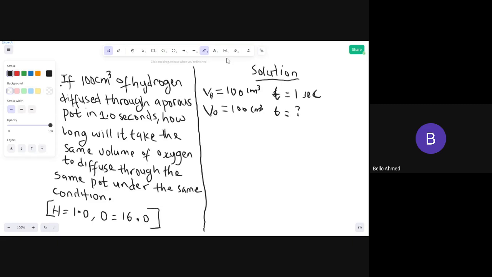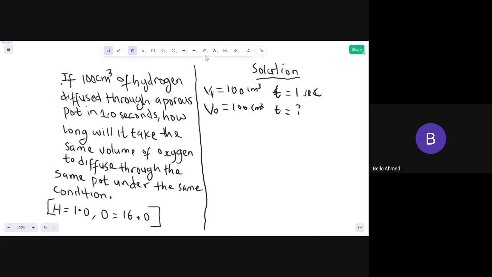It is very good when you bring out your parameters like this and then you know what you're going to do. But remember that from the formula, we have the rate of diffusion and not the volume. A lot of students make the mistake of substituting the volume directly. No. Now we have the rate of diffusion, so you're going to find the rate of each gas.